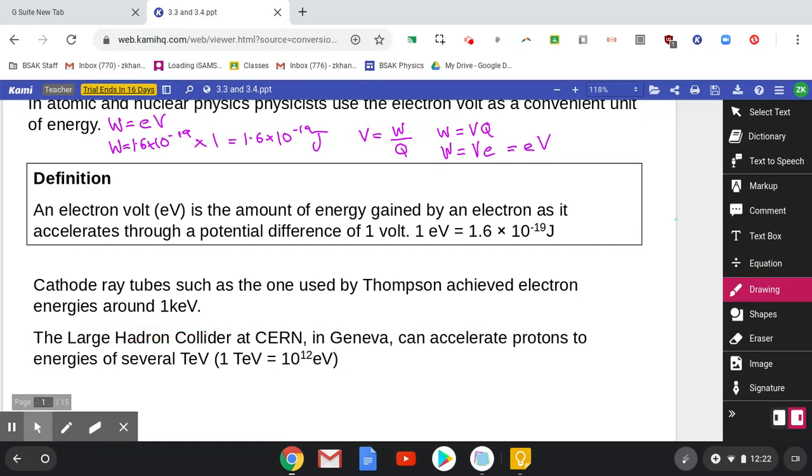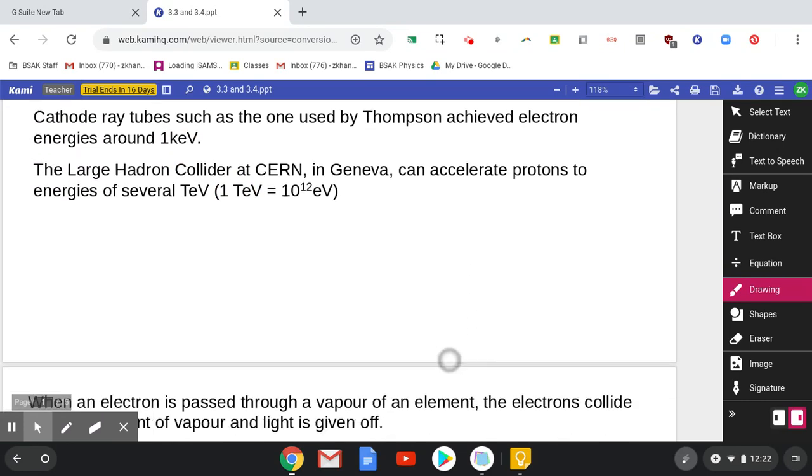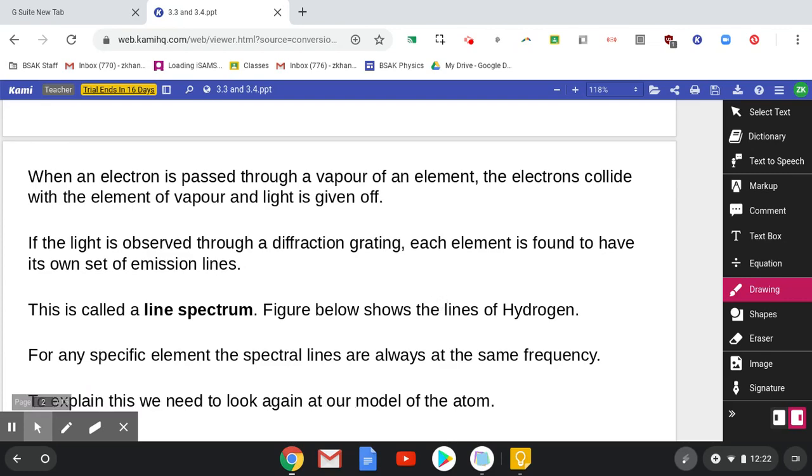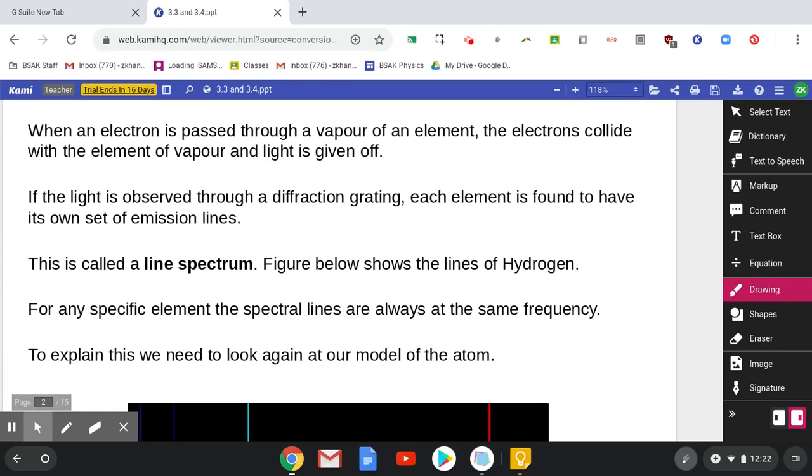So we've been able to create very large accelerating potential differences, accelerating energies going from 1 kilo electron volt to 1 tera electron volts. Now, I'm using energy in electron volts rather than in joules, and that is a more convenient unit in topics such as quantum physics and particle physics.